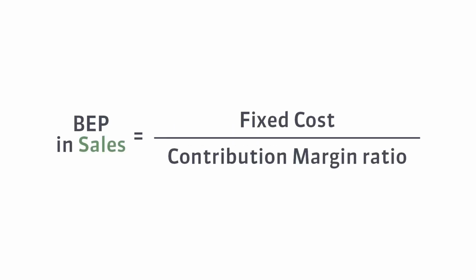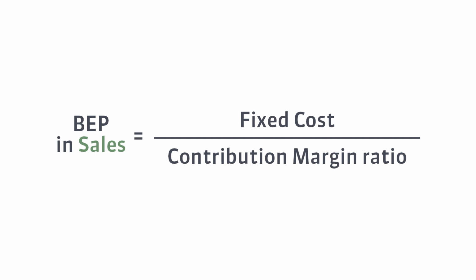As in the case of the break-even point, we can express target income not only in units, but also in sales value. The break-even formula in sales value looked like this.